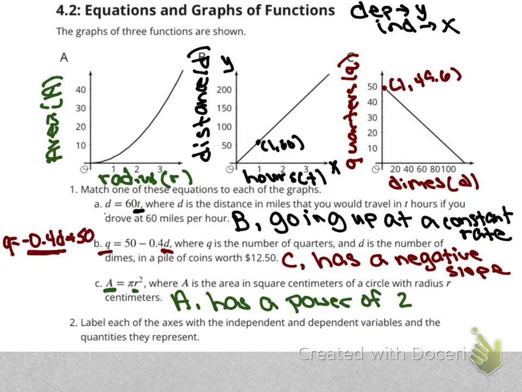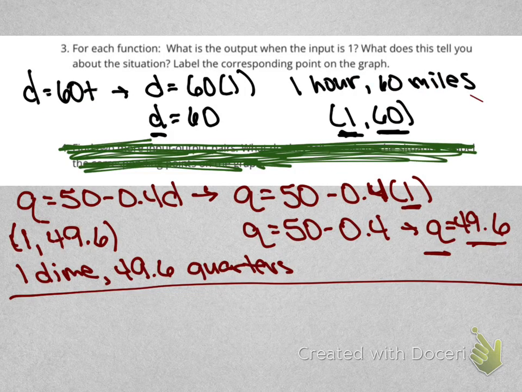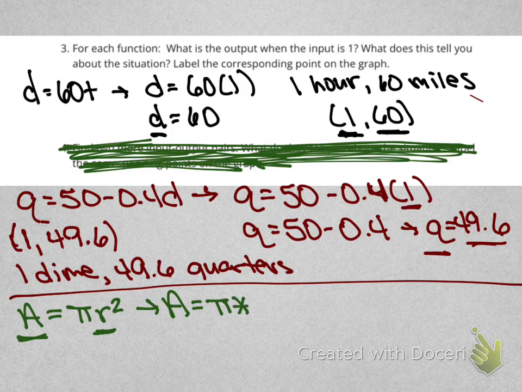Alright, one more. We have A equals pi times r squared. This is your output, this is your input. Our input's 1, so r is going to be replaced with 1. So A equals pi times 1 squared.